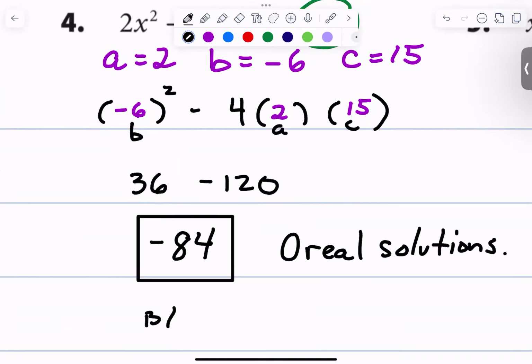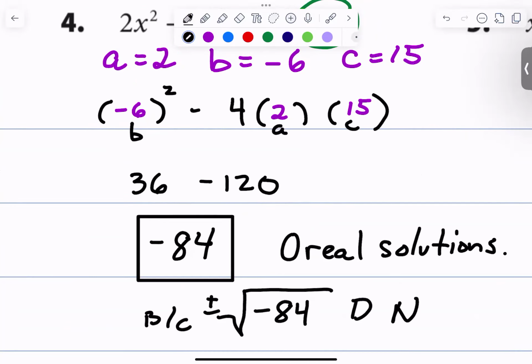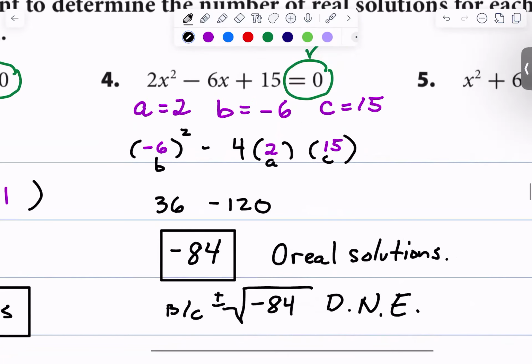Because plus or minus square root of negative 84 does not exist. Okay, you don't have to write that out every single time, but I want to show you guys why that works.